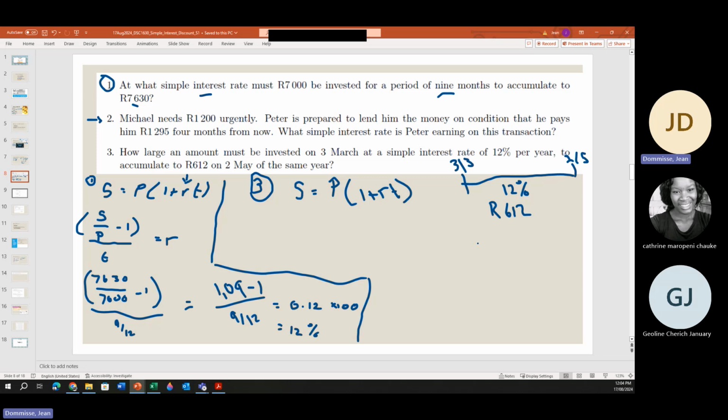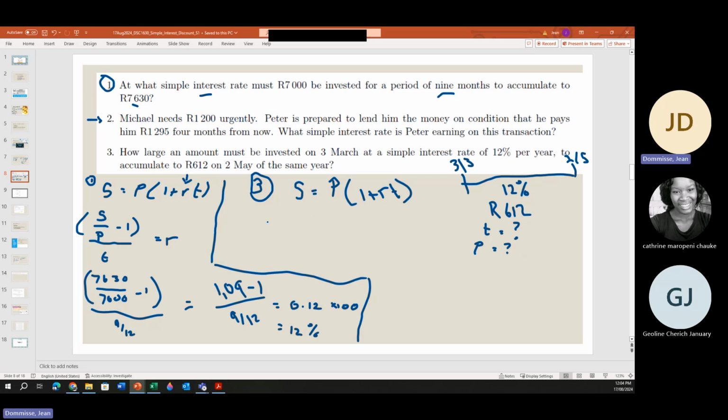For the final answer, we need to work out what the P is, but also the T, how many days it is. But they don't give it to us like in questions 1 and 2, where they exactly say it's 4 months or 30 days. So that is also what we will need to work out.